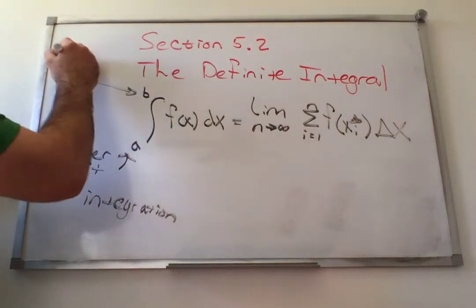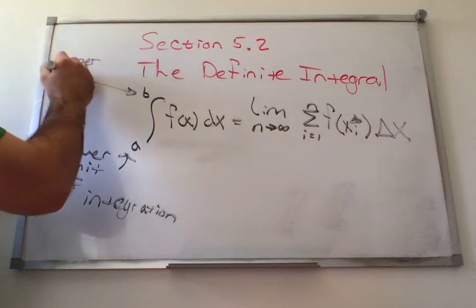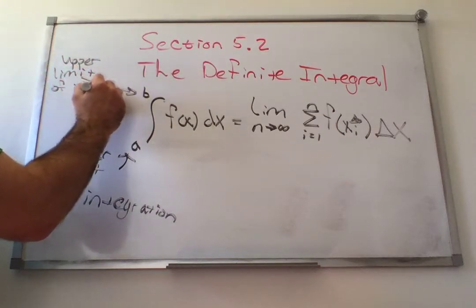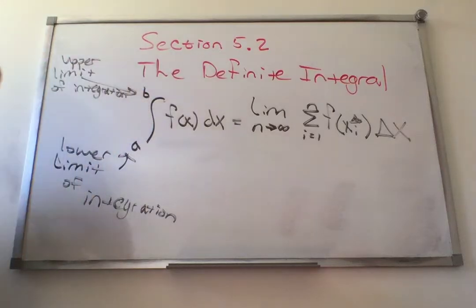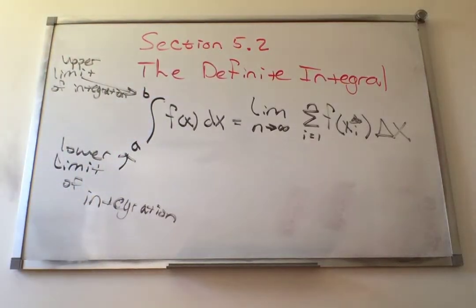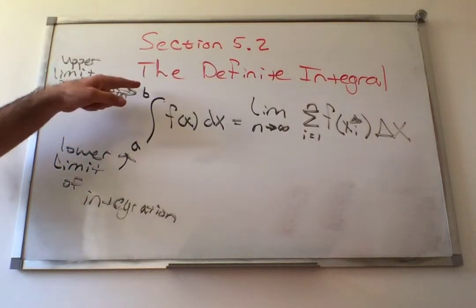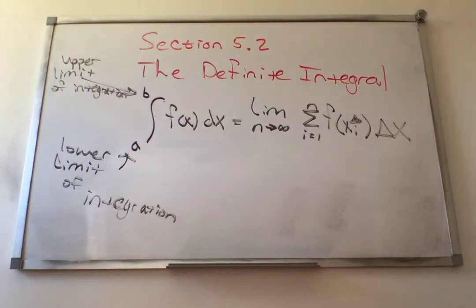This right here is the upper limit of integration. These are called limits of integration, and all it's saying is, where are you integrating from? From what x value to the other x value.